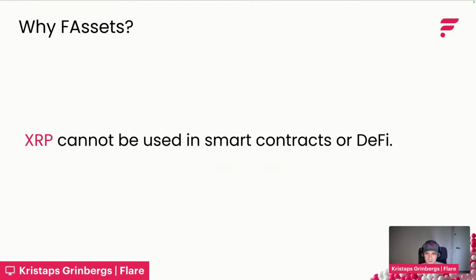Of course, it's nice if it grows in value, but that's it. You cannot unlock the huge possibilities of DeFi and programmability. And it's not only on Flare. Flare can also be an intermediary. You can use it on other EVM chains if you like. But that's the main reason why FAssets: non-smart contract tokens, in this case XRP, can be used in DeFi.